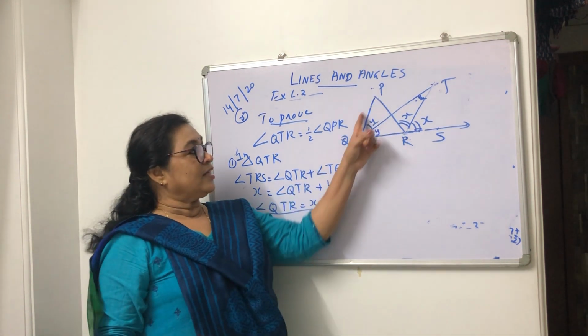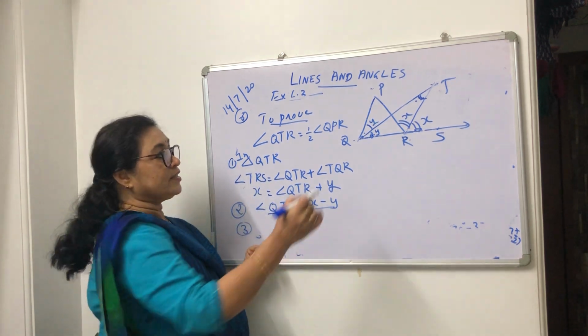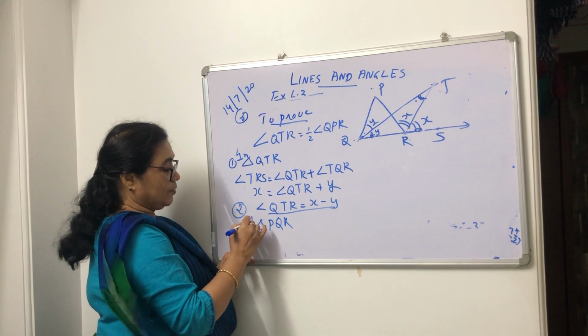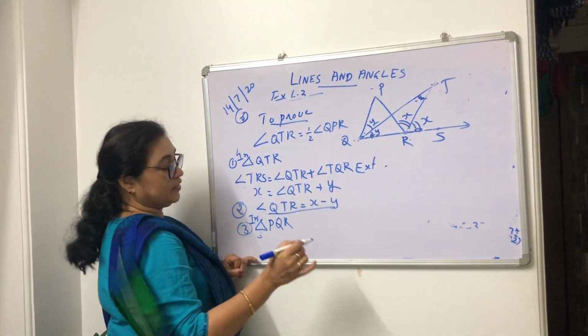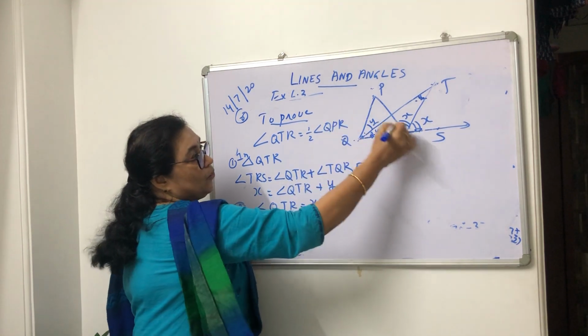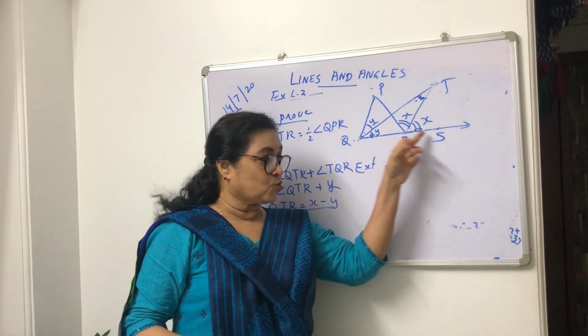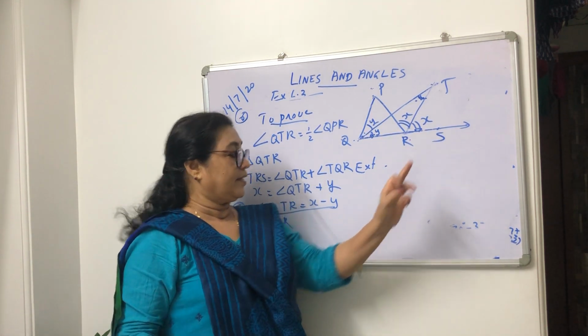Now we take the triangle PQR. So we are taking this PQR triangle. In triangle PQR, this is the exterior angle property of a triangle. We extended this QR. So PRS is our exterior angle.